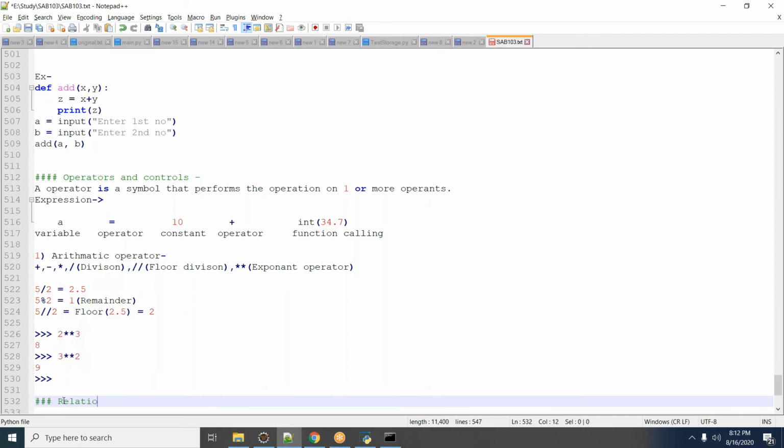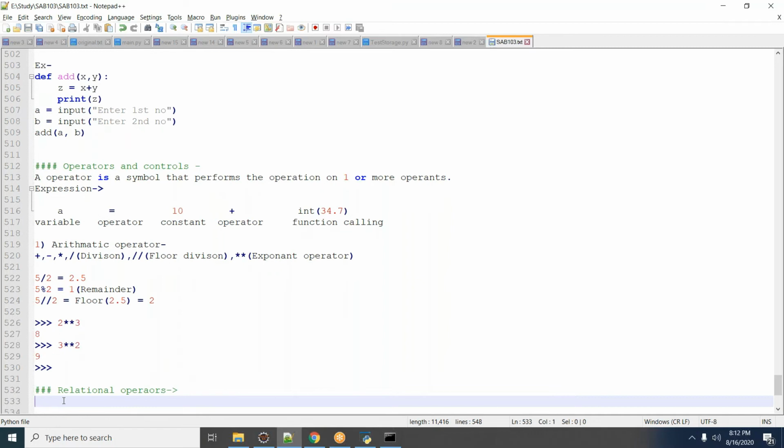Okay, so let's discuss the relational operators. What does it mean by relational operators? It is an operator which returns a Boolean value.